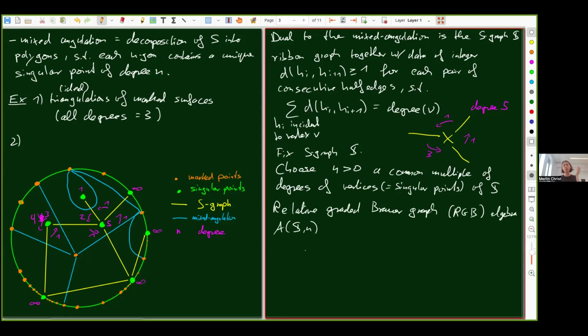So it takes as input the S graph and an integer n. This is obtained as follows. First of all, we define it from a quiver. And the vertices of the underlying quiver are simply the edges of the S graph.